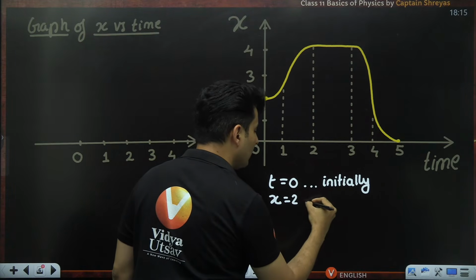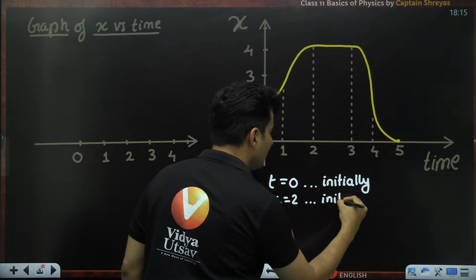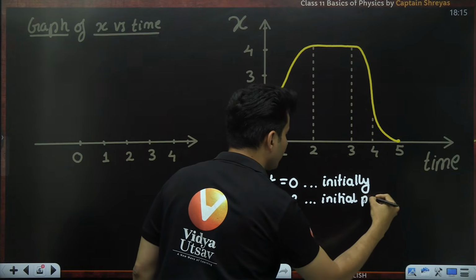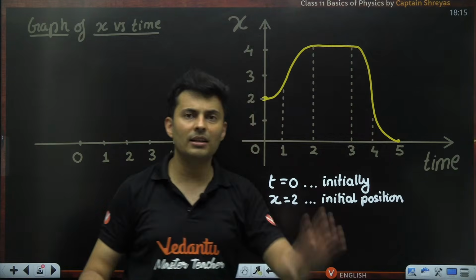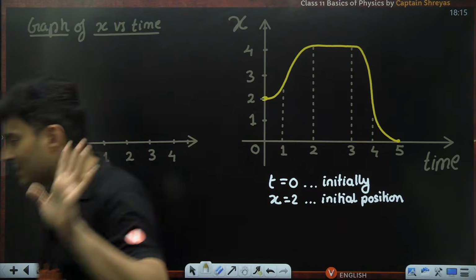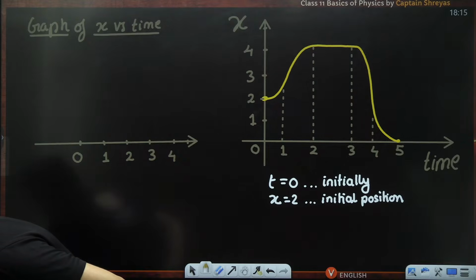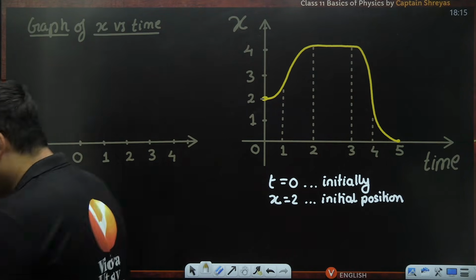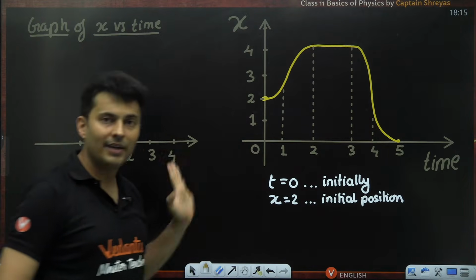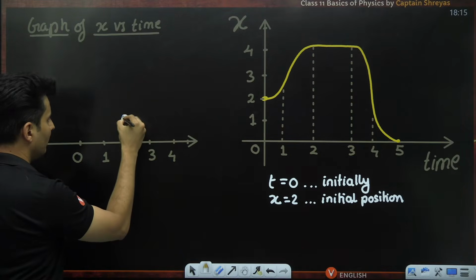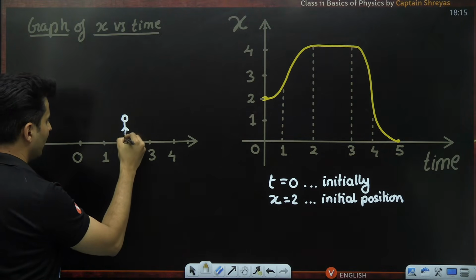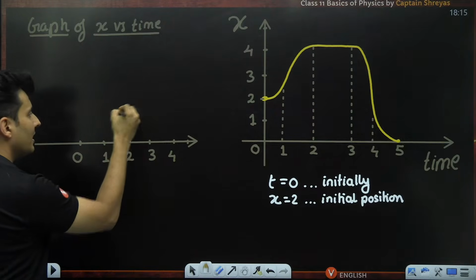So x is equal to 2 is nothing but the initial position of that body, the particle, the object, or whatever it is. Is this absolutely clear? Everybody understood till this point? Okay, perfect.